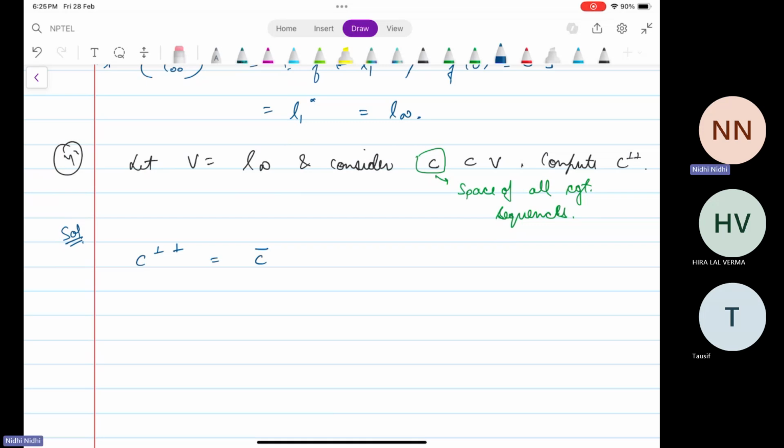So its closure is C itself, because the space of all convergent sequences is a closed space. So directly the double perp is C.